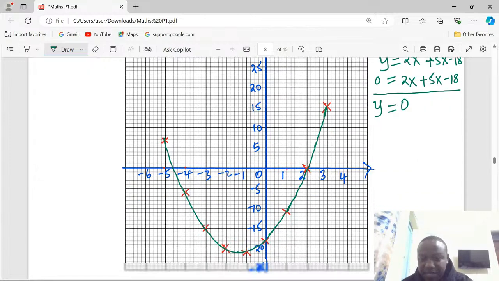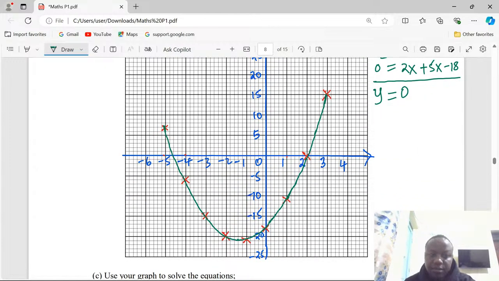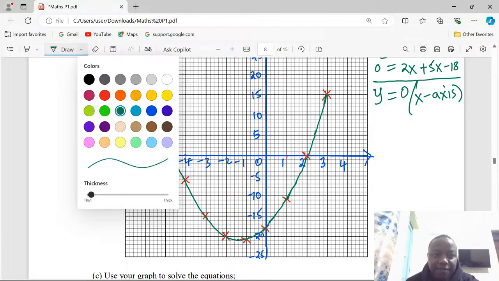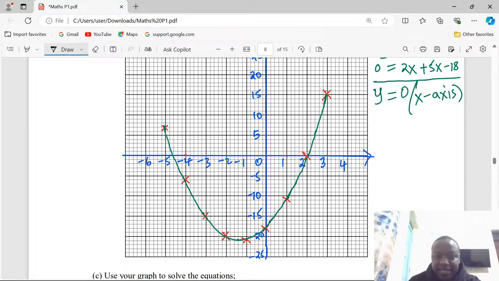And you find that the straight line that we are getting is y equals 0, which is the x-axis. If it is now the x-axis, we look at the points where the x-axis is cutting the curve, or the curve cuts the x-axis.